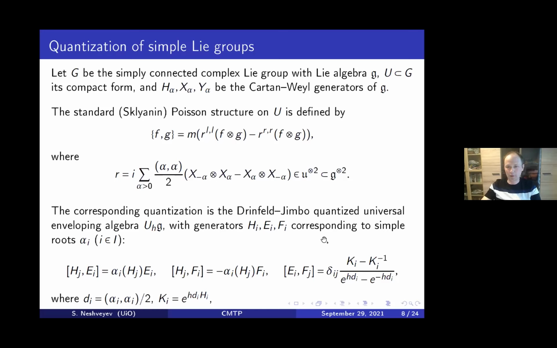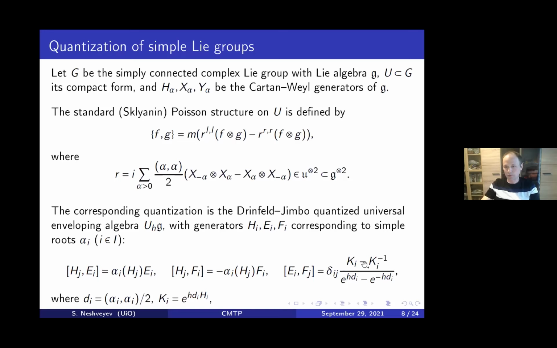So more precisely, recall that this is an algebra with generators similar to the classical case. So you have the generators corresponding to Cartan elements, and you have these generators E_i, F_i corresponding to X_alpha_i, Y_alpha_i for simple roots alpha_i. So some of the relations are very similar to the classical case. So these two relations are exactly the same as in the classical case, and this one is different.